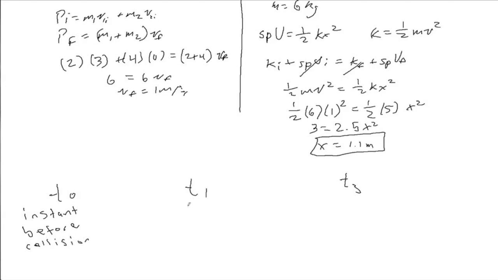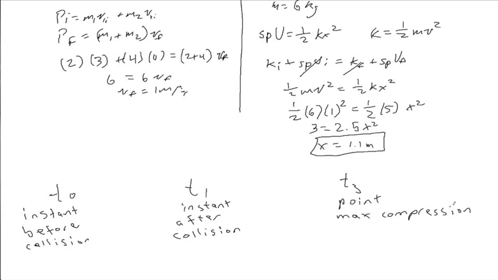Then the next point you care about is a millisecond later, the instant after the collision. And the next point you care about is the point of maximum compression, because that's what the question was asking us about.